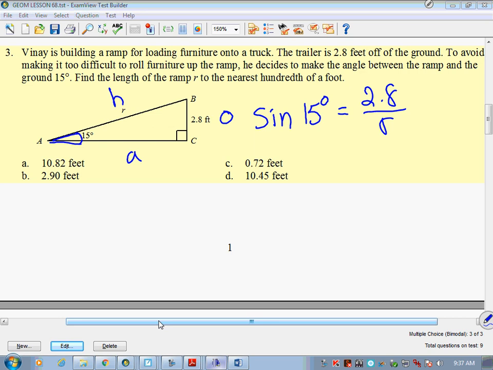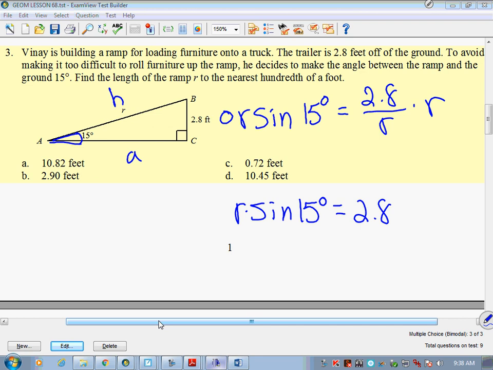You with me so far? Did I lose anybody in here? No? Nobody was going to admit it. But we need to solve for r. So this is our process. We're going to multiply by r on both sides. That's going to give me r sine 15, because what I'm doing here is I need to isolate the variable r. Now this is r times sine 15.